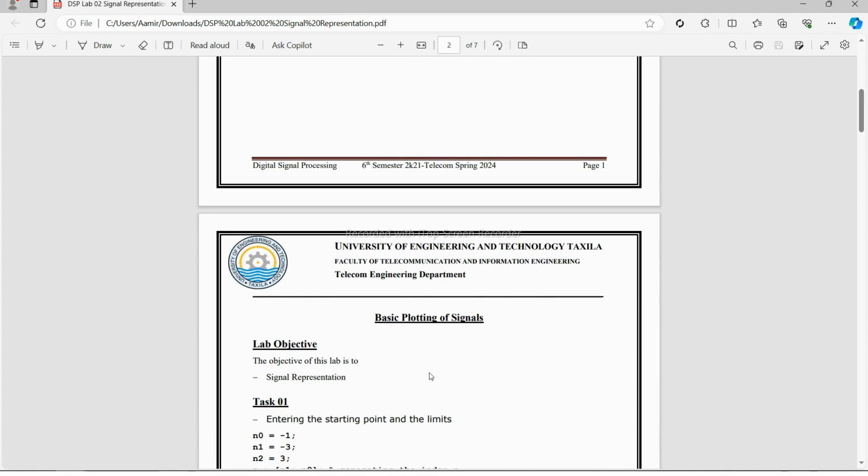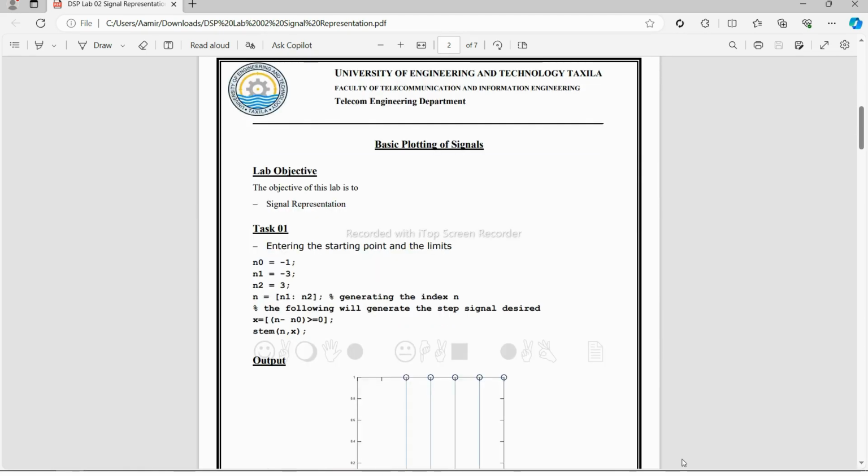So now we are going to perform the tasks one by one. In task number 1, we are asked to enter the starting points and the limits. So we are going to explain the code.